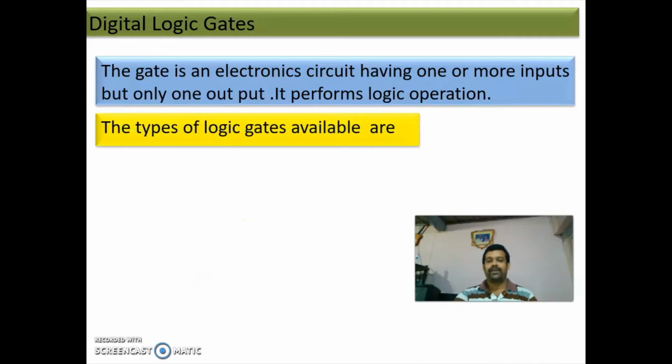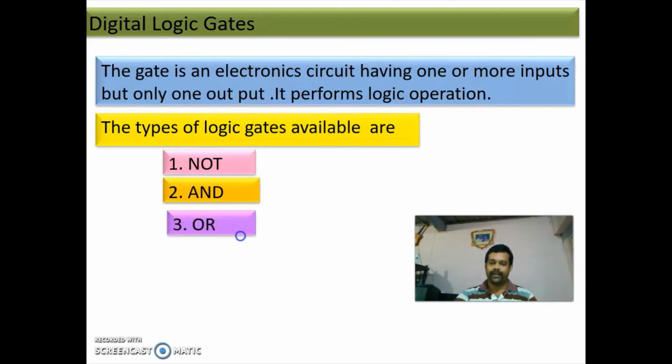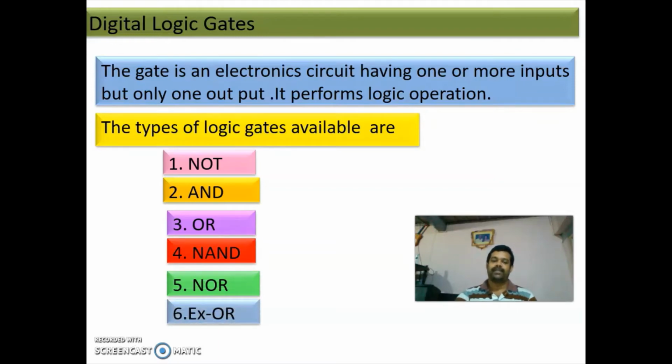So, the types of logic gates are NOT gate, AND gate, OR gate, NAND gate, NOR gate, XOR gate, XNOR gate. So these are the types of logic gates. Of this, NOT and OR are basic logic gates. From these logic gates, we will be deriving this NAND, NOR, XOR and XNOR gates.